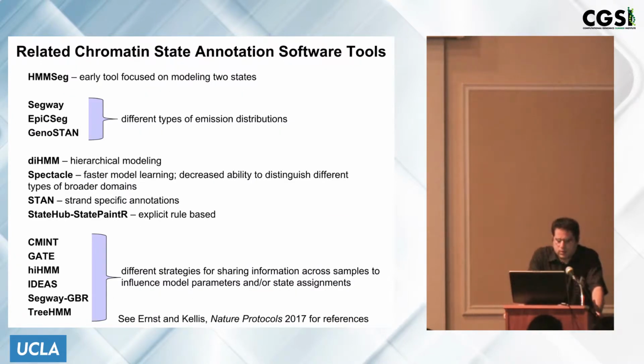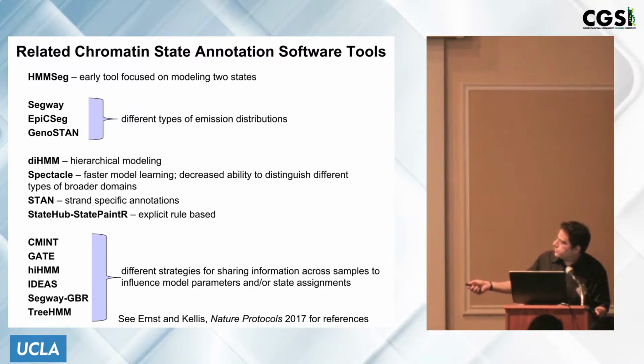I want to note that there are quite a number of other methods that have come out for chromatin state modeling. One method, HMM-seg, which predates ChromHMM, was focused on just the problem of modeling two different states. It wasn't learning these rich annotations of enhancers and promoters.